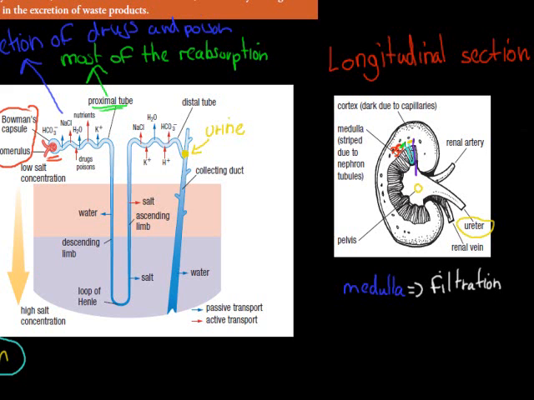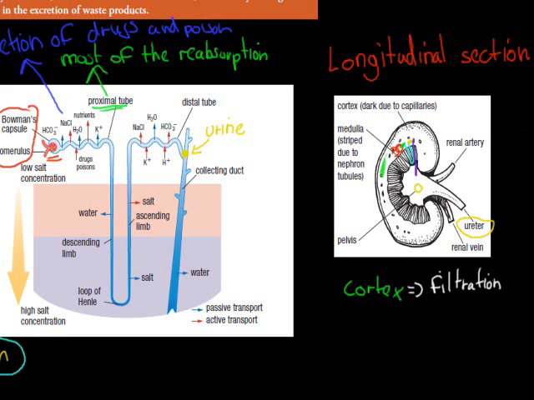Then you will go into loop of Henle, which is in your cortex. Actually, sorry, your medulla, your cortex was where your filtration occurs. The cortex is this white area here. All of that white area is your cortex, and that's where filtration occurs because your Bowman's capsule is there.